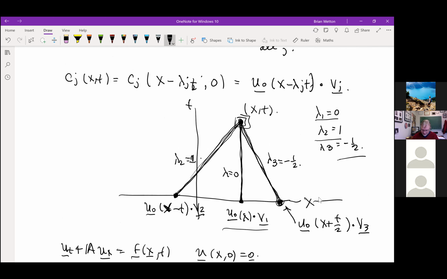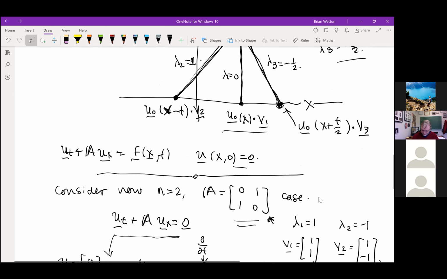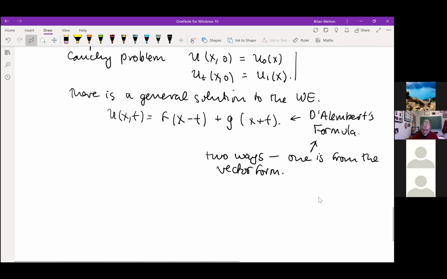And so the characteristics are going back along these lines, right? Okay, so there's one way to do it, and those lines have to hit either an initial condition or a boundary at some point, and so that's going to tell you that this is true.